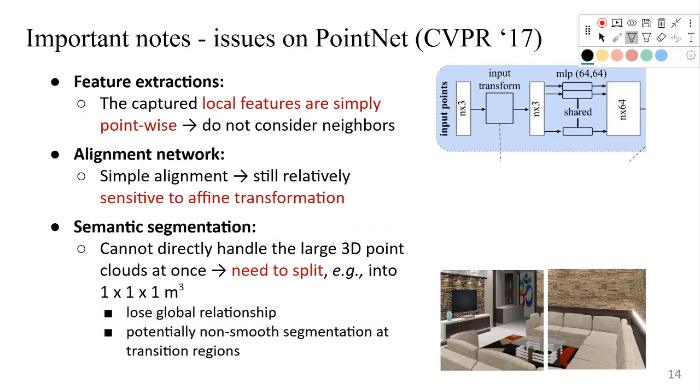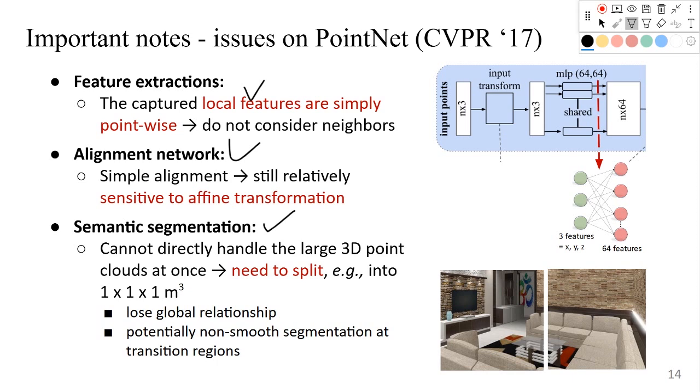Before I end this section, I will put some important notes. This is the motivation of why we have the next papers, which address the following issues in PointNet. The first issue in PointNet is the feature extraction. The captured local features are simply point-wise and do not really consider neighbors. In this particular encoder of PointNet, we map the original xyz coordinates, 3 dimensions, into 64.